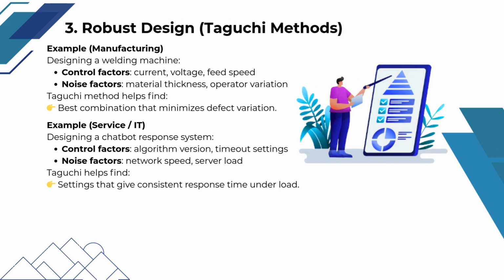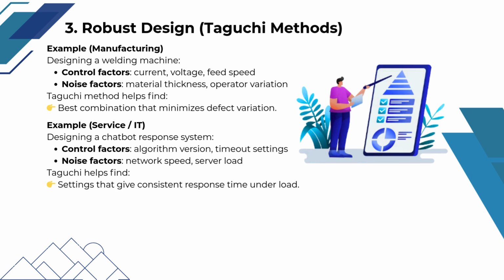In manufacturing, designing a welding machine involves control factors like current, voltage, and feed speed, while noise factors include material thickness and operator variation. Using the Taguchi method helps identify the combination of control settings that minimizes defect variation and ensures consistent weld quality.